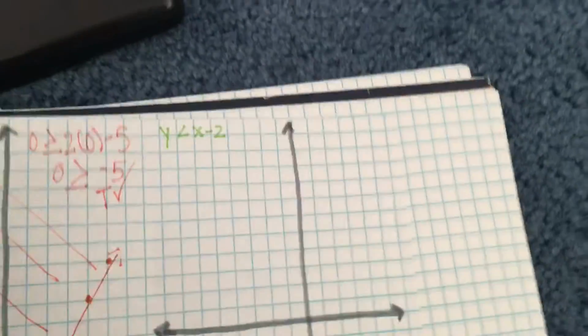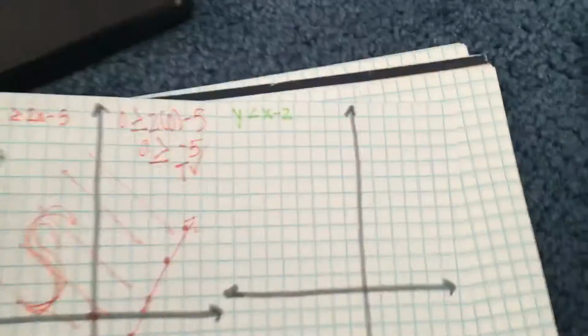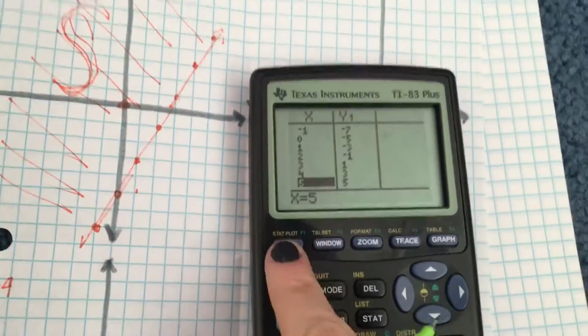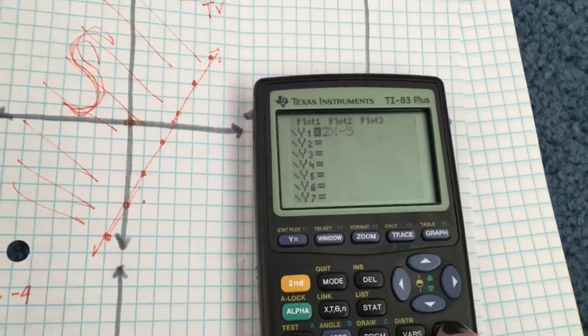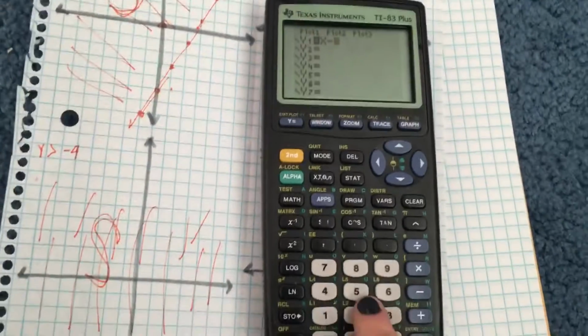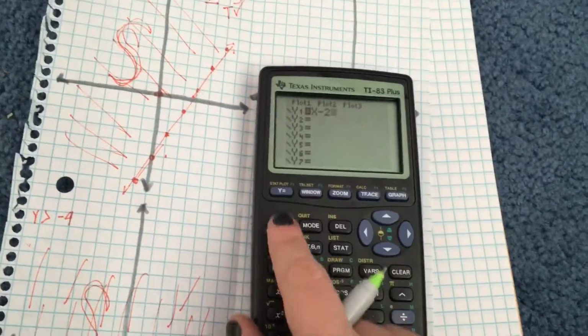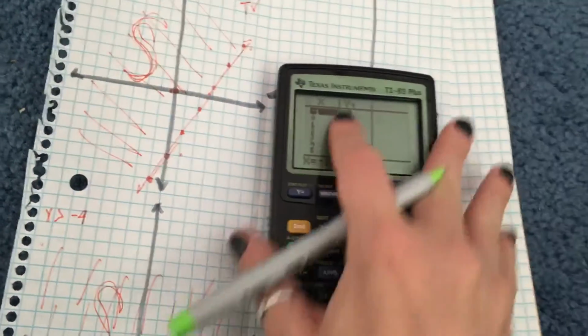Now these two. Y is less than x minus 2. Go back to your calculator. Click y equals. We don't want that anymore, so clear it. X minus 2. To get to your table, second graph. These are all my points.